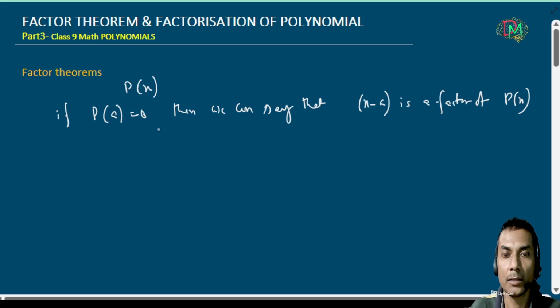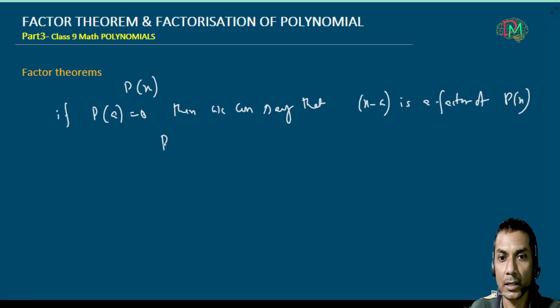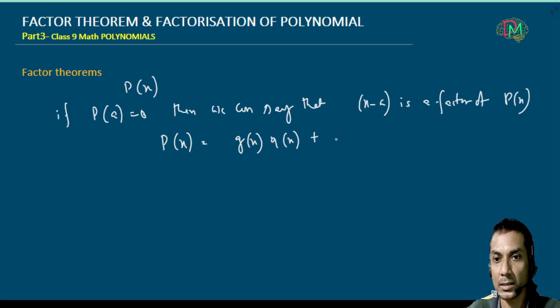Why? Because with the general expression we know that p(x) is equal to g(x), that is the divisor, times the quotient q(x), plus the remainder, which is r(x). If it is completely divisible, that means the factor means completely divisible.